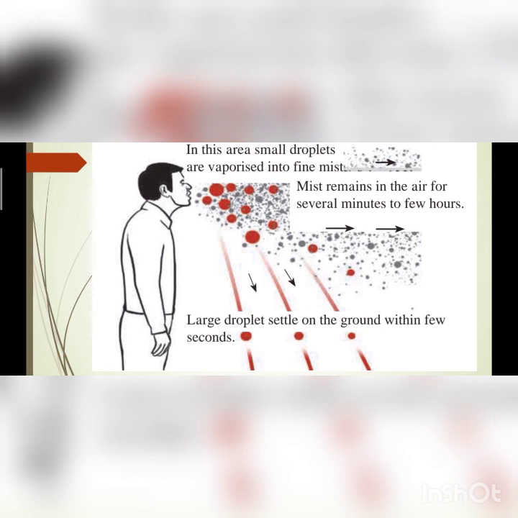So, if this person is suffering from any infectious disease, a healthy person who comes in contact with this sputum can also suffer from the infectious disease. Example, TB, COVID-19. Thank you.